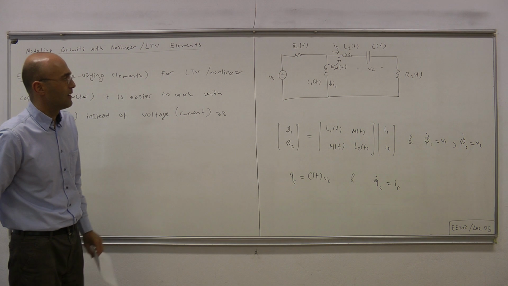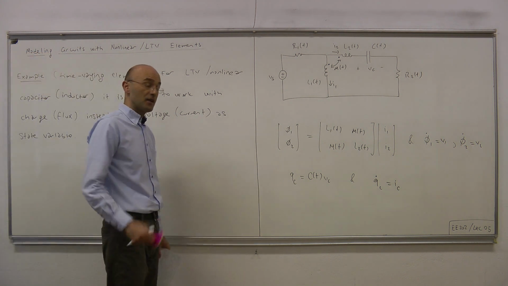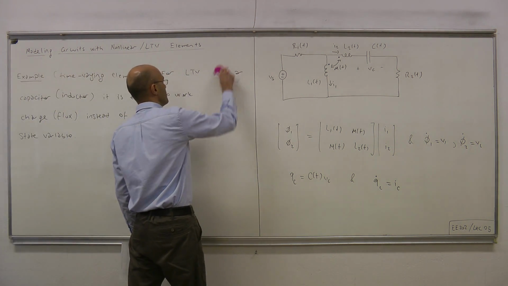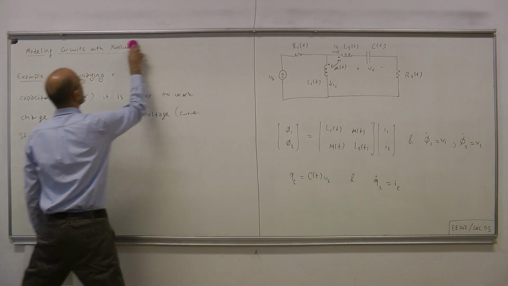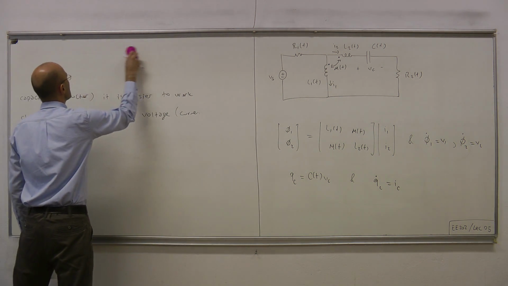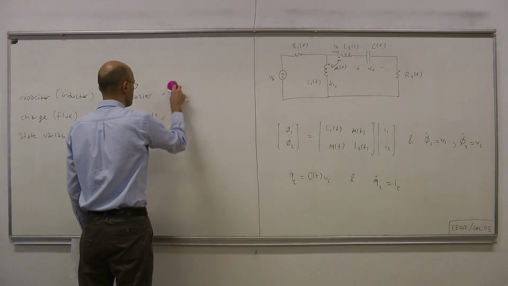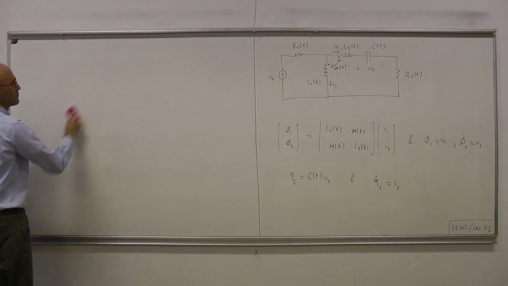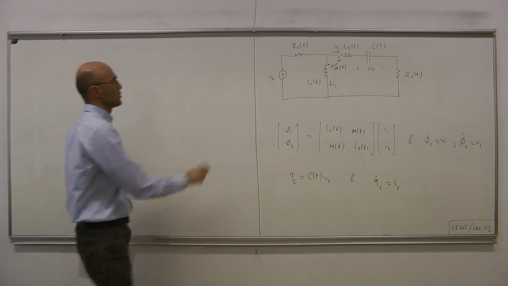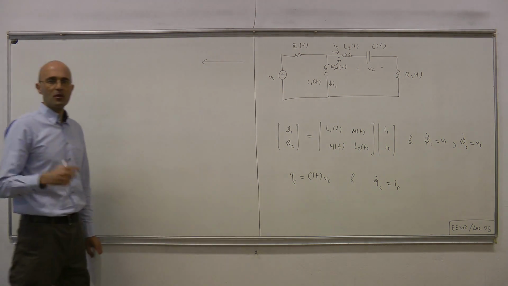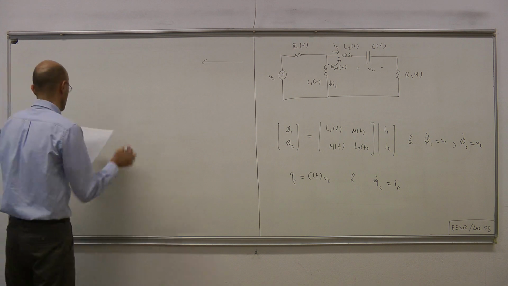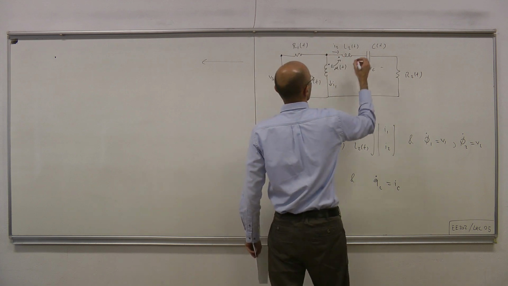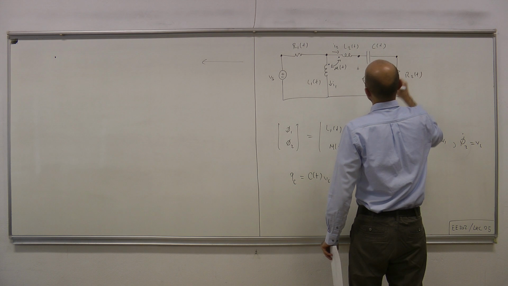Now let's pick a state variable, and then once we have our state vector, we will try to obtain the state equation. So this is our circuit. For that, let's quickly obtain a graph representation. Okay, so we have here a node, here another node, here another node, here another node, so that makes 4.